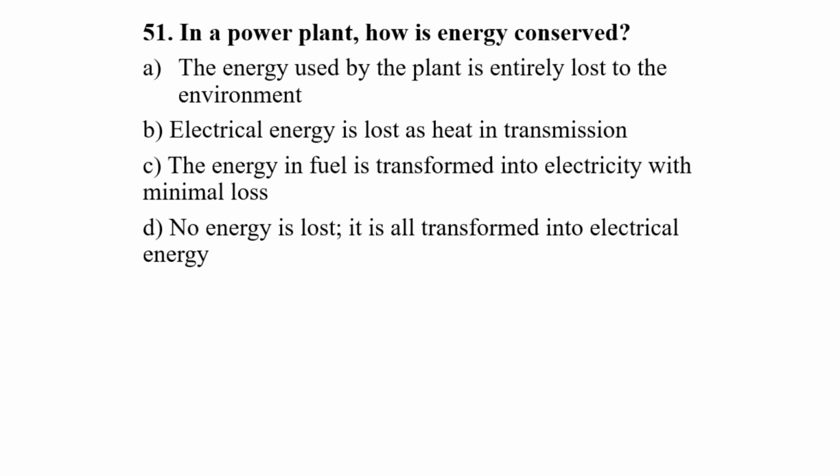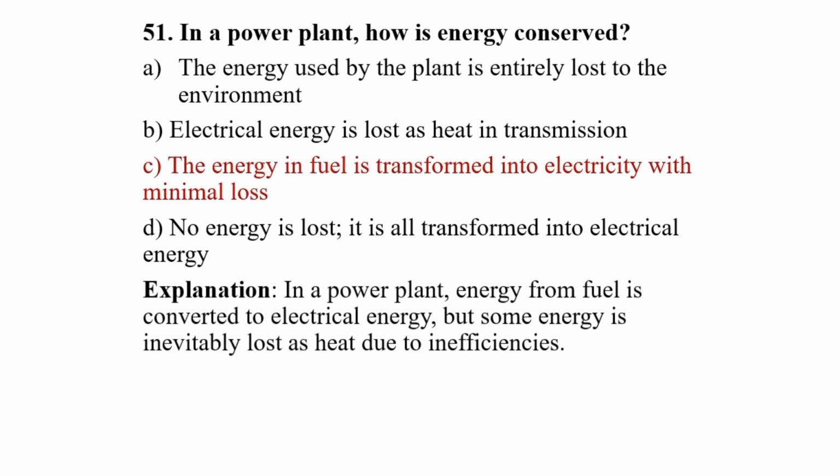It is all transformed into electrical energy. The answer will be the energy in fuel is transformed into electricity with minimal loss. In a power plant, energy from fuel is converted to electrical energy, but some energy is inevitably lost as heat due to inefficiencies.